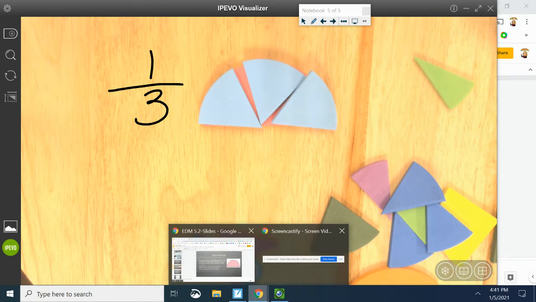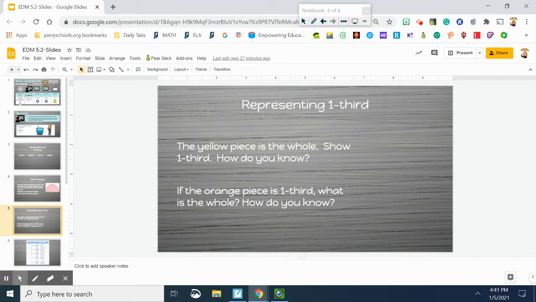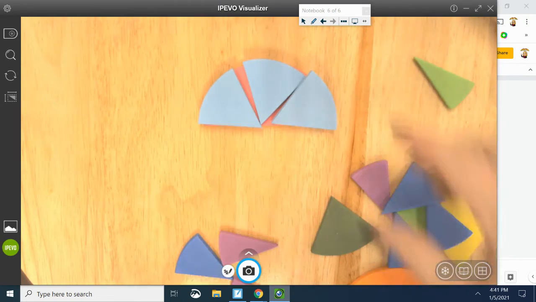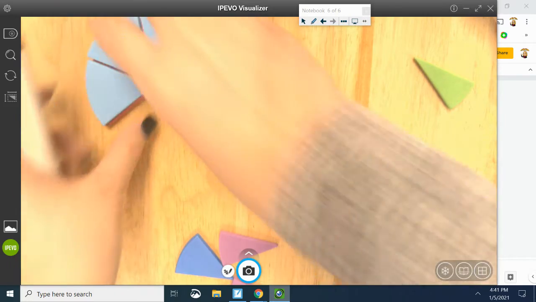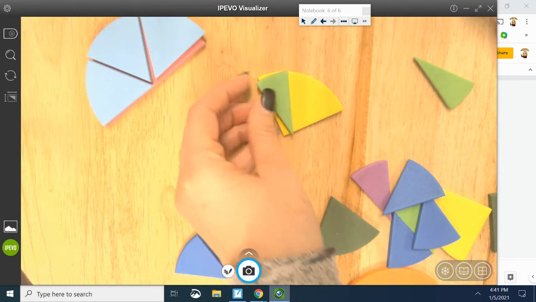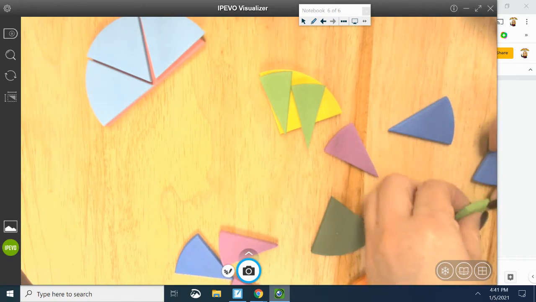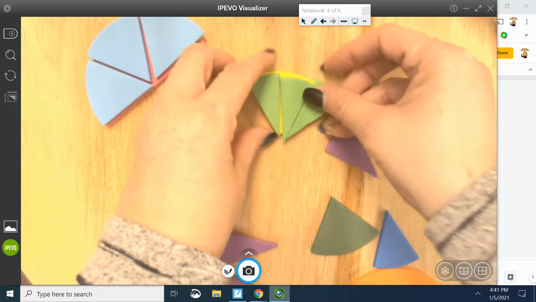All right, we are going to look at how we can show 1/3 with others. So we're going to look at having a yellow piece as the whole, and we're going to split that whole into 3 equal pieces. So I'm going to leave this whole kind of off to the side, and now I have a yellow piece, and I need to find the pieces that cover up the yellow piece into 3 equal pieces. So I'm either going to do probably this green one, the light green, or maybe the purple. It just depends on which one's going to work.